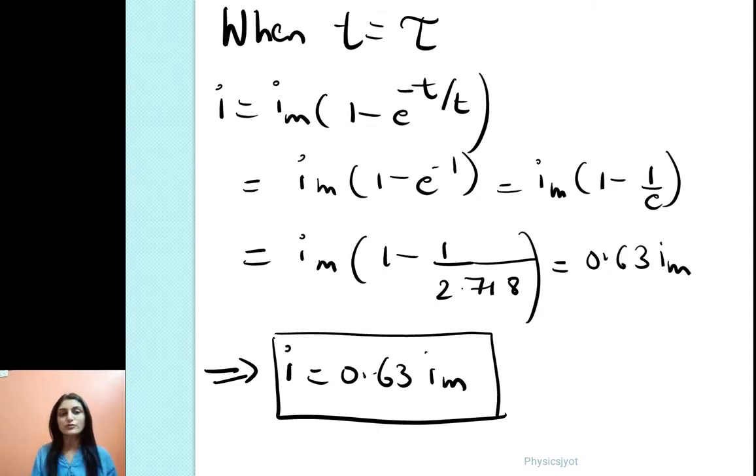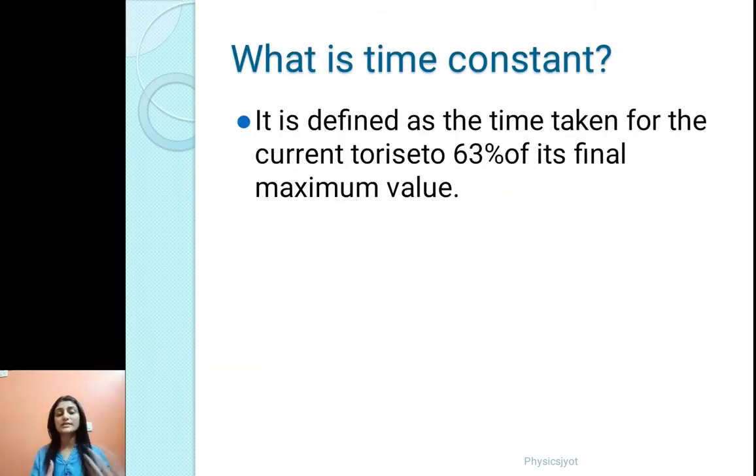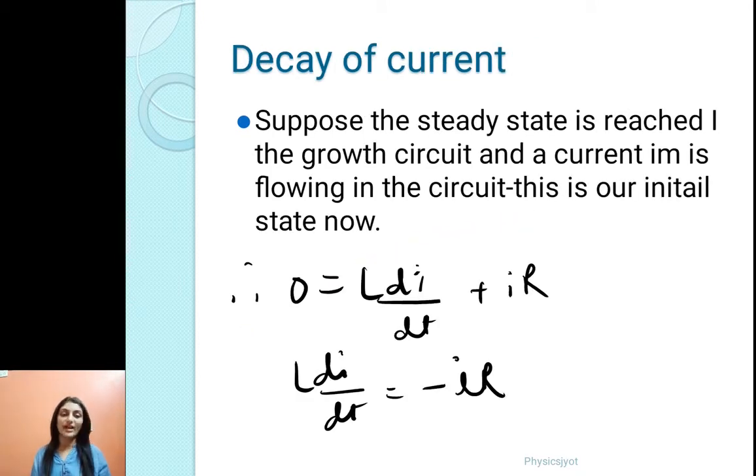So if you try to define the time constant, basically it is the time required for the current to reach 63% of its maximum value. So this is how we define the time constant for an LR circuit where there is a growth of current. There is another way of defining time constant that I will tell you later.